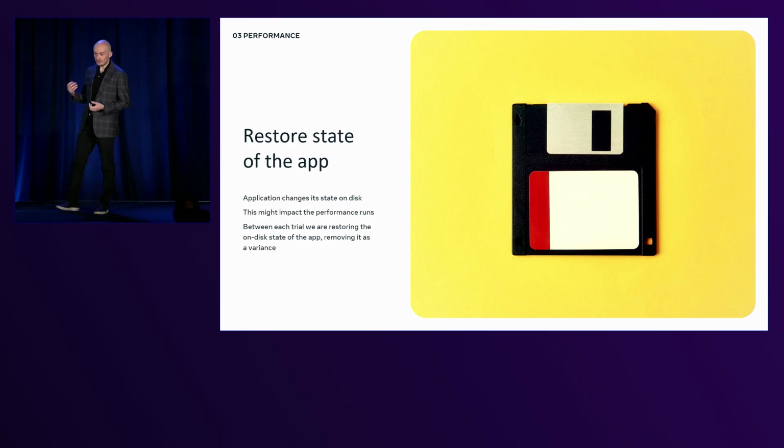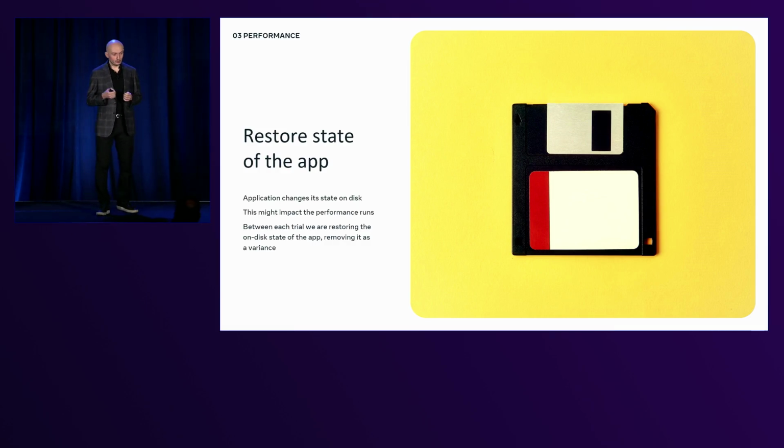Every time the application starts, it reads the on-disk state, and it influences its initial state. Suddenly, we're running into a situation where we're comparing apples to oranges. It's not exactly the same thing we're trying to compare when it comes to our performance measuring.